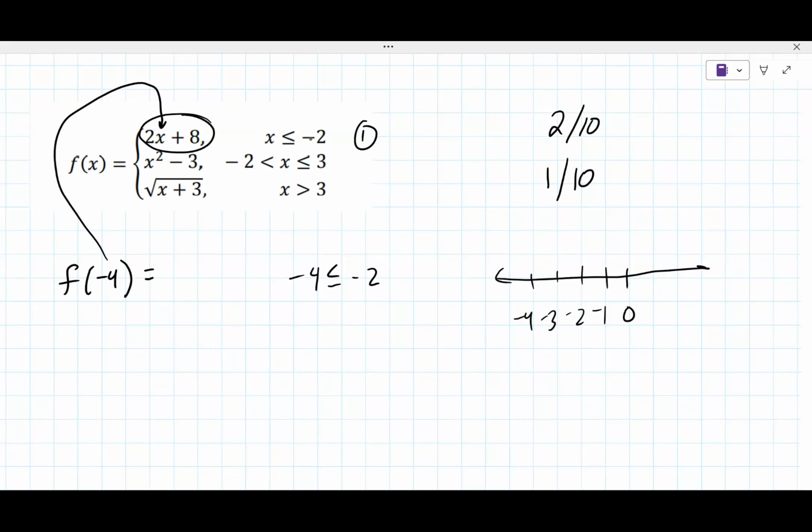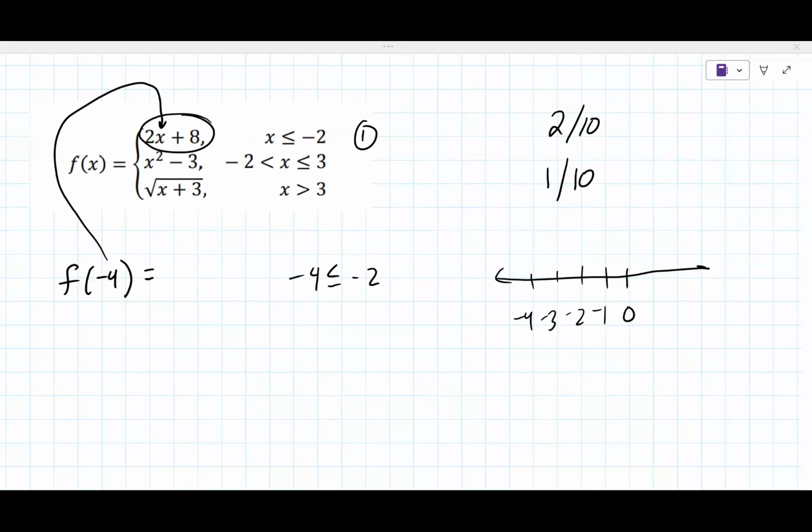And that right there is a true. That's true. I don't know what to say because we already covered that. Yes, it's true. So you're going to use the first piece. So where do you put -4? In for x. That's why the arrow is here. You put that inside.